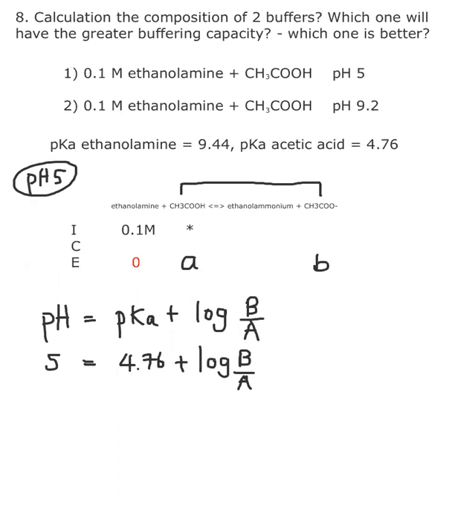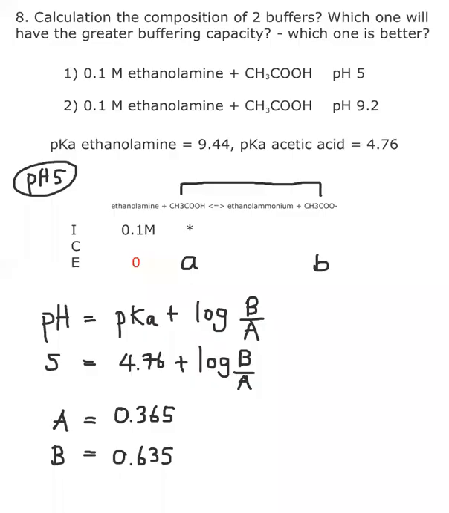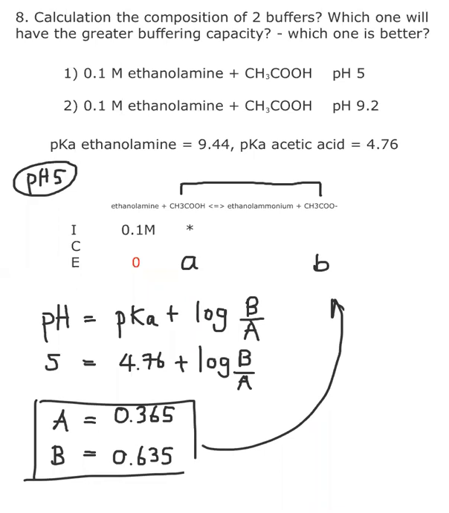So we use 4.76, then plus log B over A. A would equal 0.365, while B equals 0.635. So at this point, you can see that we can plug these two values back into the ICE table over here.